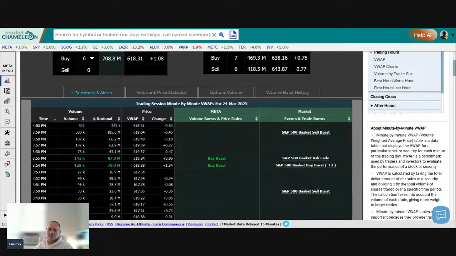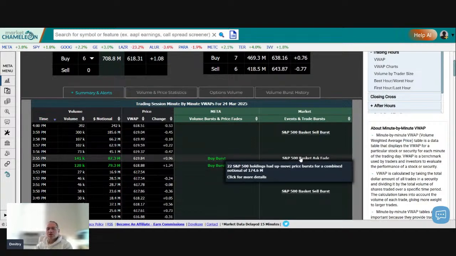So over here, we capture anything that we detect going on in the market that might be related. For example, there was an unusual fade in the S&P 500 stocks. So something may have been happening in the broader market at the same time, and this buy burst was part of that. It will explain it away, that this was correlated to a larger event that was happening market-wide.